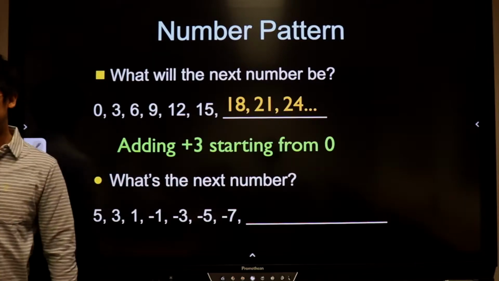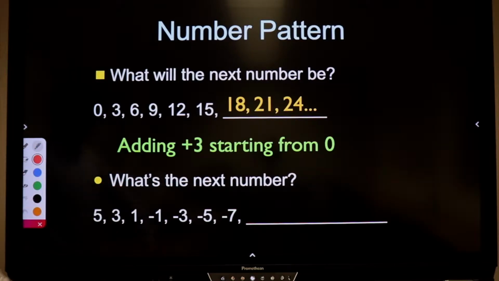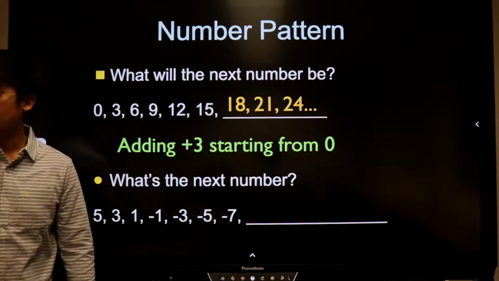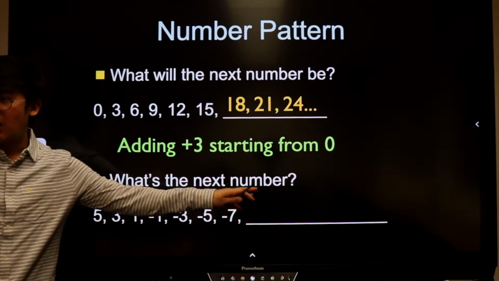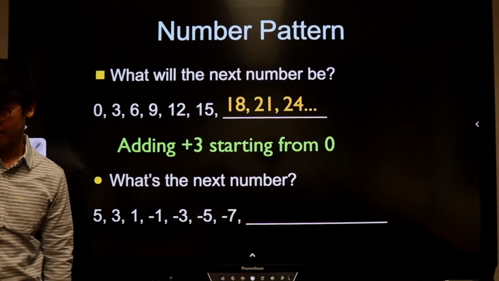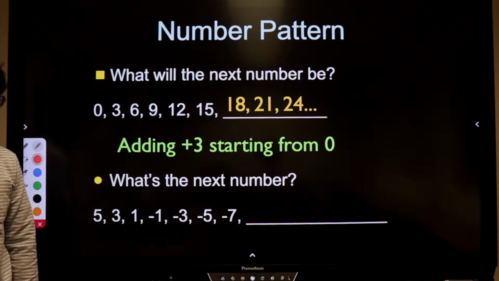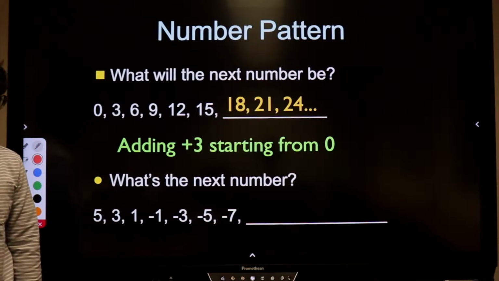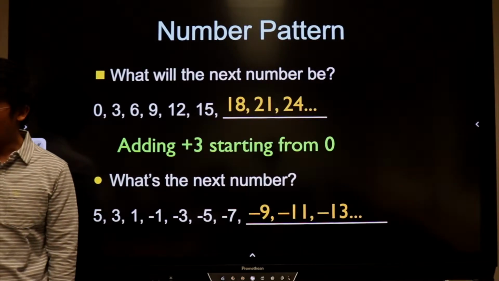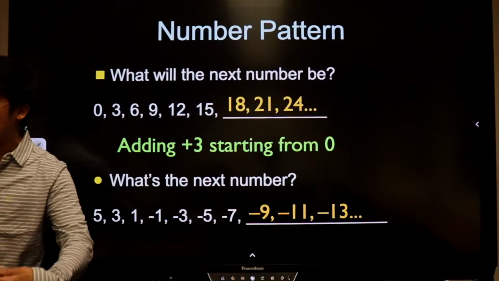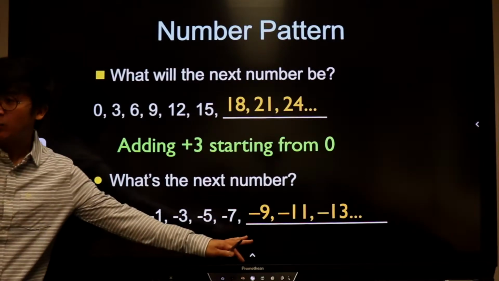All right, number 2. We have 5, 3, 1, -1, -3, -5, -7. If you're going to guess the next 3 numbers of this sequence, what would that be? -9, -11, -13, and that is correct. Now, you need to describe the pattern in this sequence.